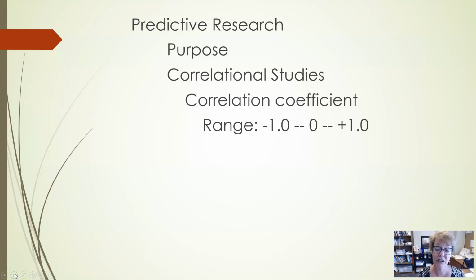When you get the correlation coefficient, you're going to get three pieces of information that are very important. First of all, the correlation coefficient has to be between -1 and +1. If you read a study and it said Dr. Garcia got a correlation coefficient of -1.2, you would say, no, she didn't.